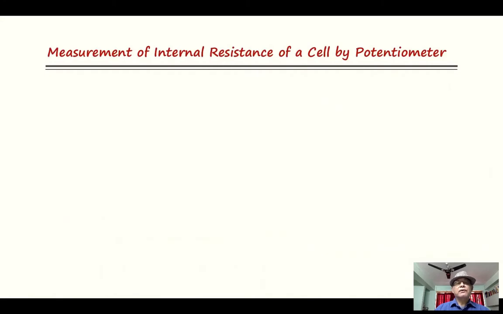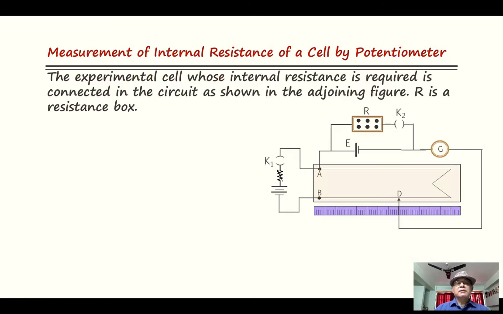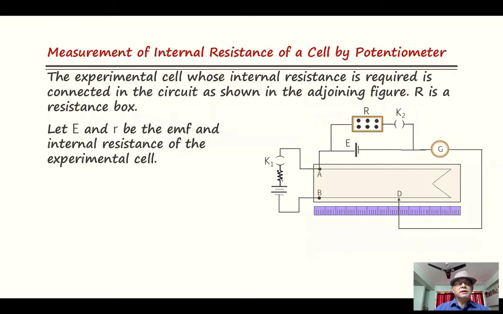Measurement of internal resistance of a cell by potentiometer. The experimental cell whose internal resistance is required is connected in the circuit as shown in the adjoining figure. R is the resistance box. Let E and small r be the EMF and the internal resistance of the experimental cell.